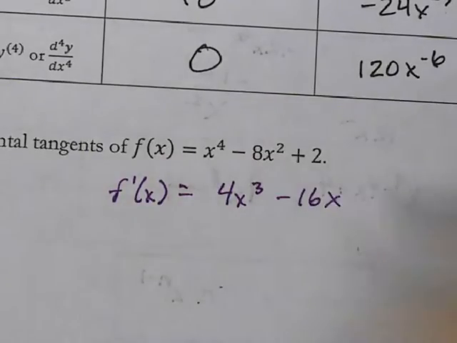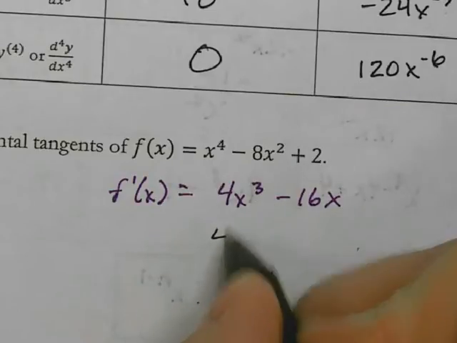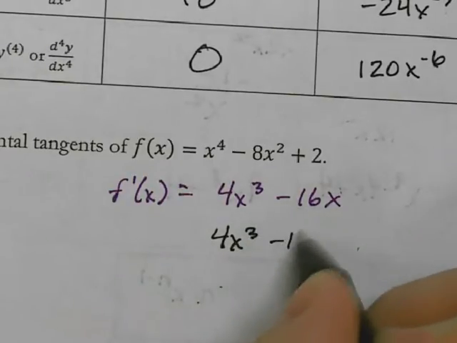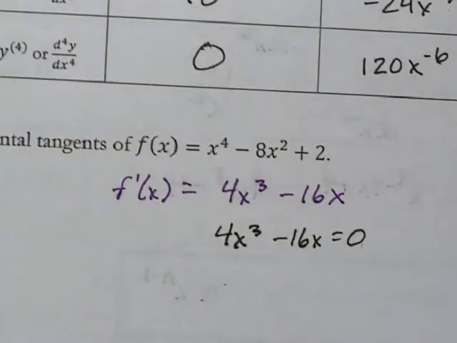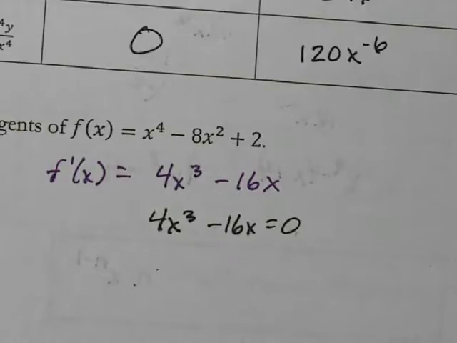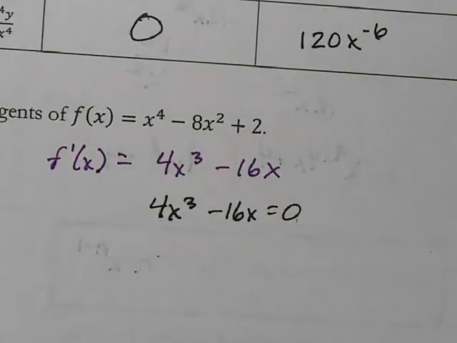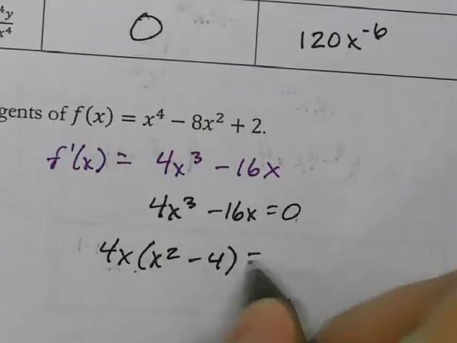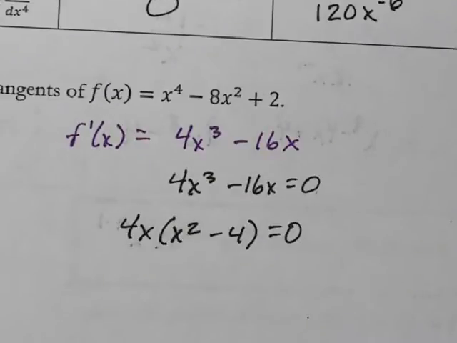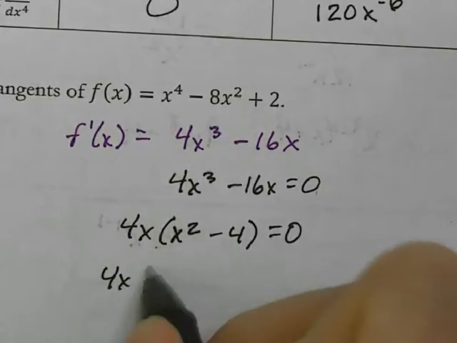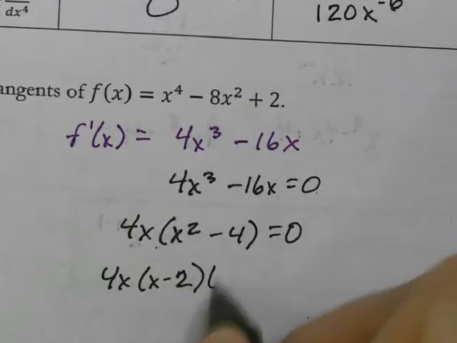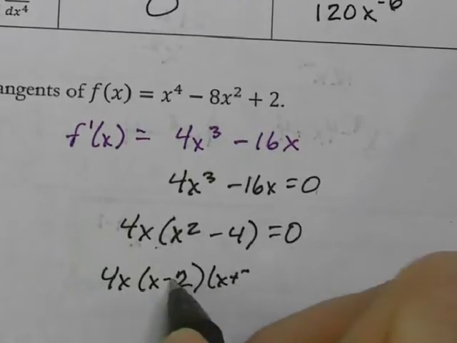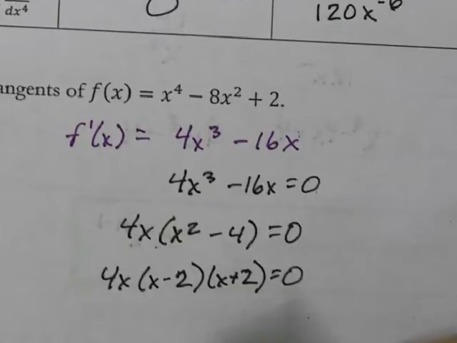But I want to know when 4x to the third minus 16x equals 0. Alright, we're back to algebra 2. How do you solve that? Factor. Take out a 4x, left with an x squared minus 4. What else do I need to do? Difference of squares. So x equals 0, 2, and negative 2.